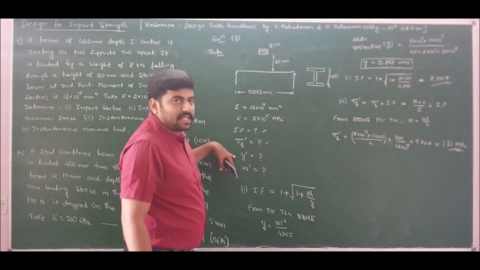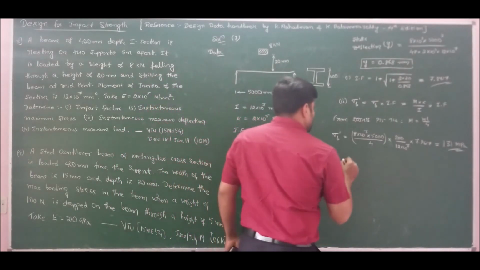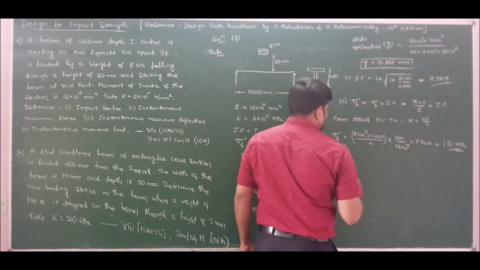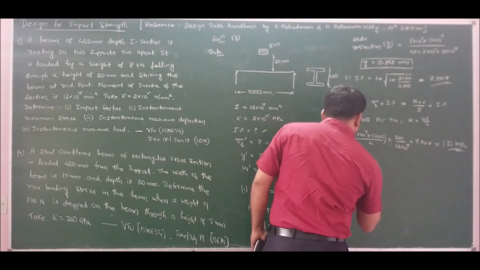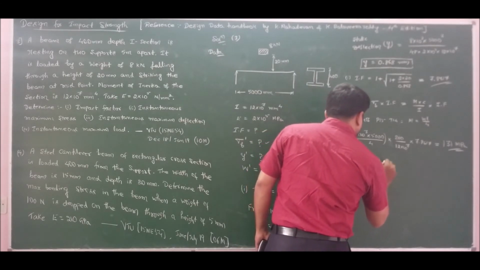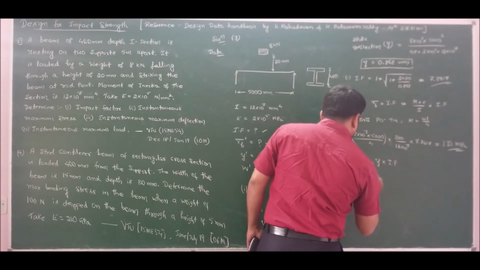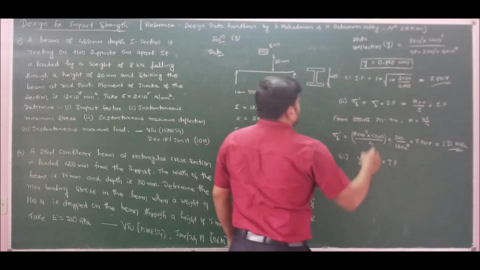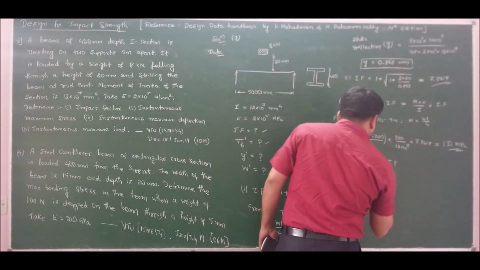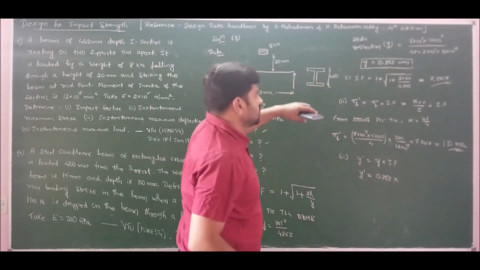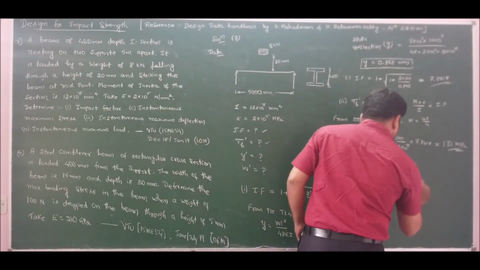Moving to instantaneous maximum deflection, we know instantaneous quantity is equal to static quantity into impact factor. Therefore y dash is equal to y into impact factor. The static deflection is known to us, 0.868, into impact factor 7.8617.